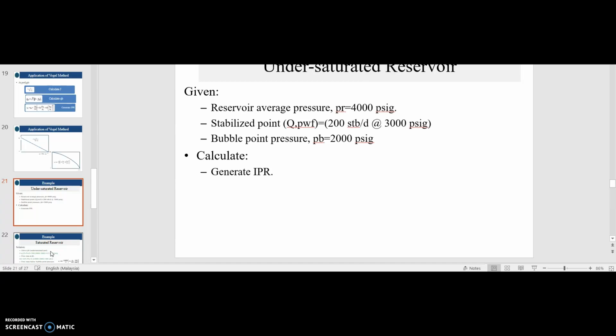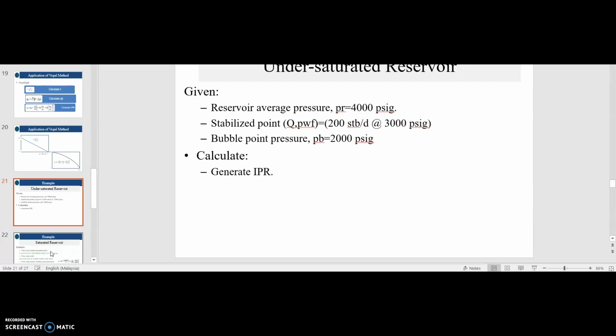So we need to generate the IPR. Although the data given indicates that the reservoir is undersaturated, our pressure should extend to 0, so we have to consider what will happen when the reservoir pressure drops below 2,000.